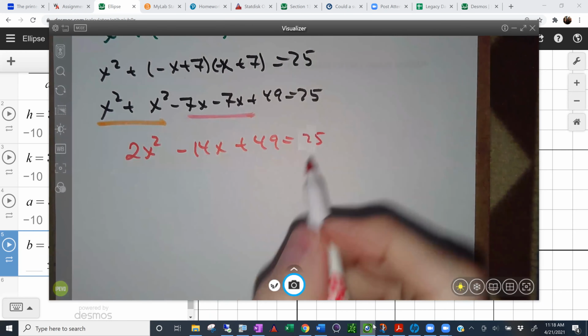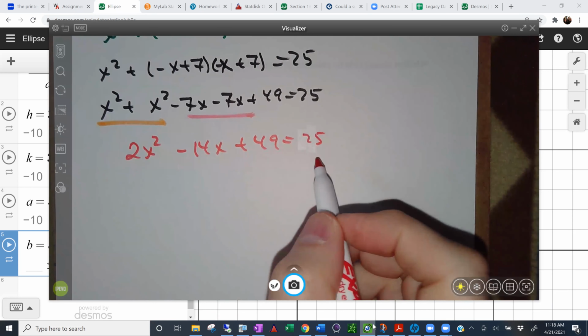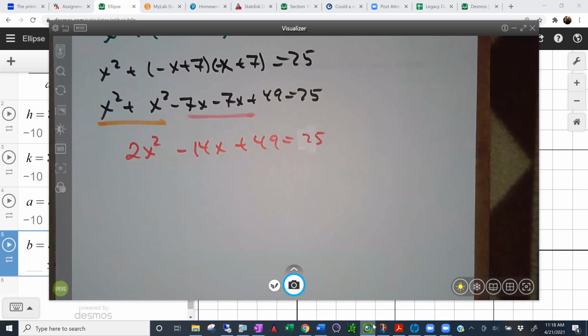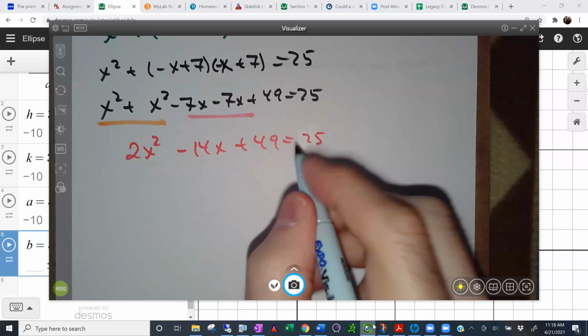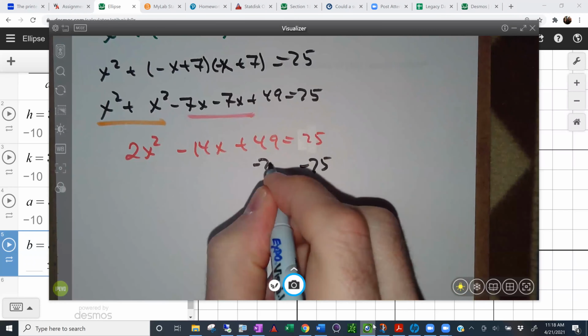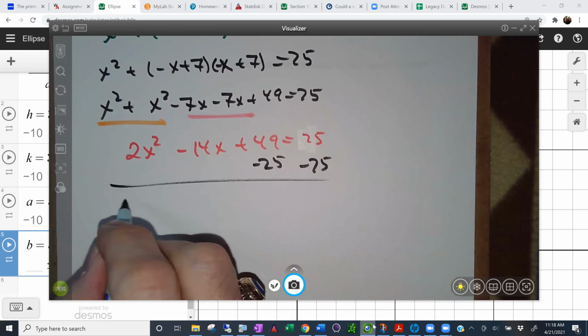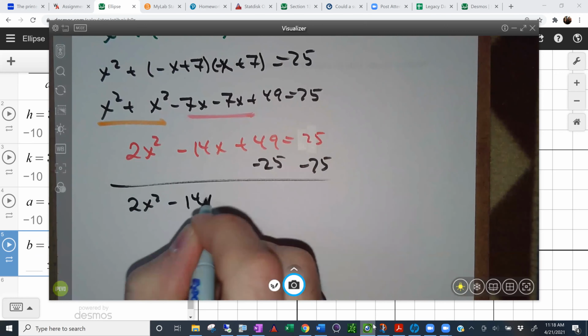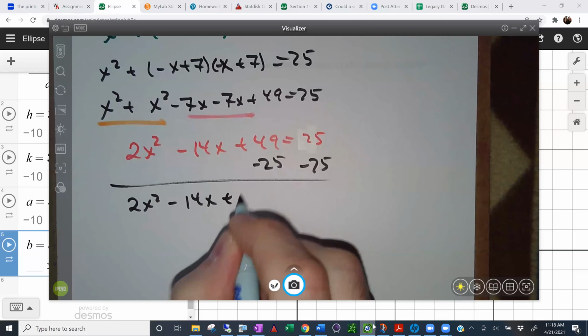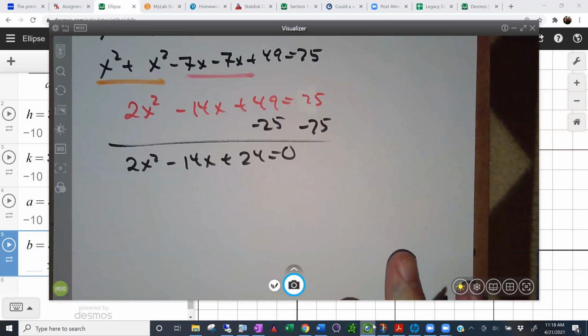If I do want 0 on the right-hand side eventually, if I subtract 25 from both sides, that gives me what I want. A little Freudian slip there maybe, which is the 0 on the right-hand side.